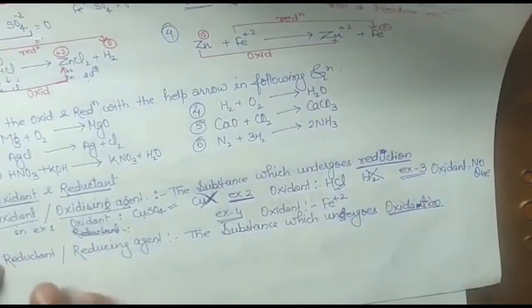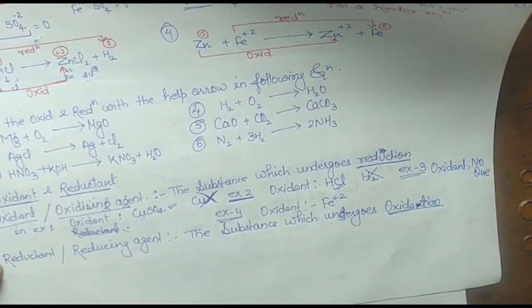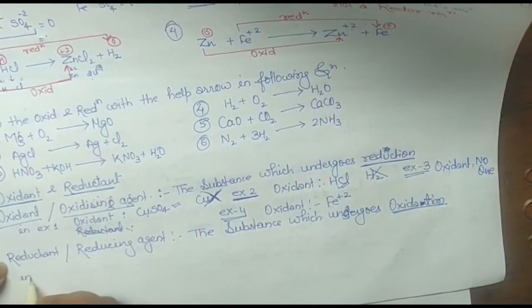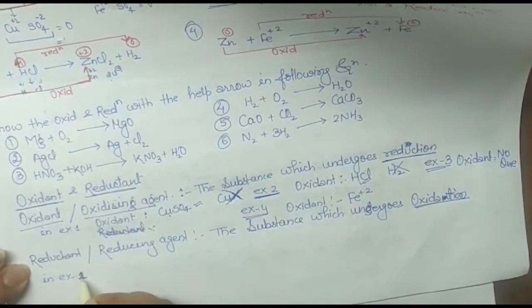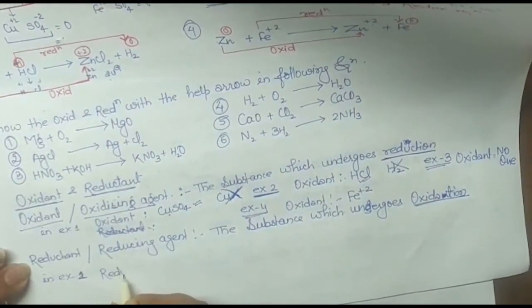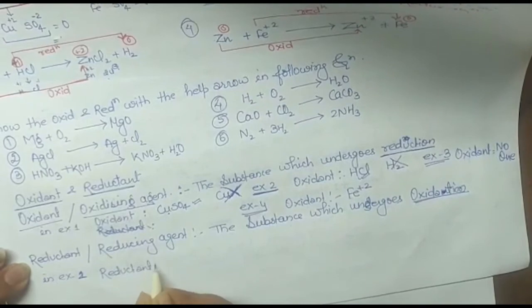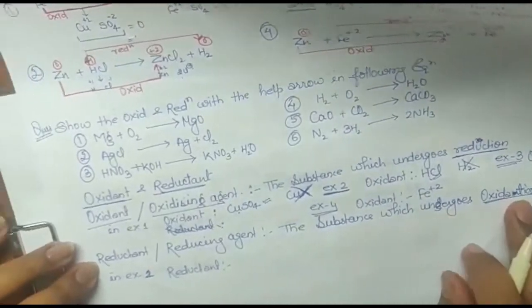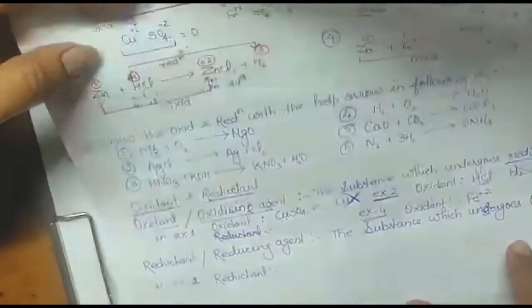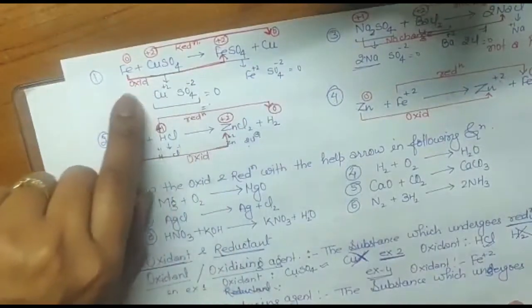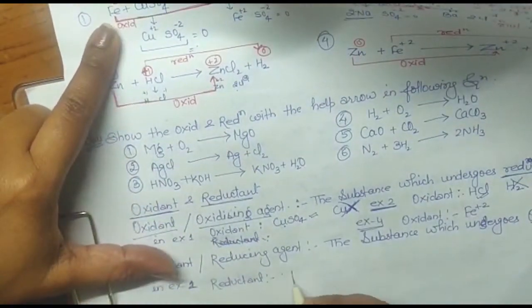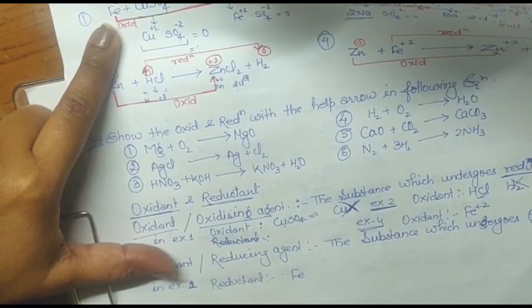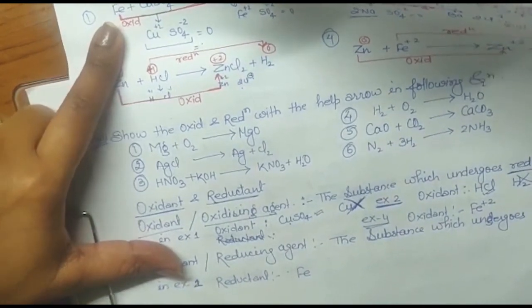Okay. Same next, reductant and reducing agent. In example 1 I am asking the reductant. Which one will be the reductant over here? The one which is undergoing oxidation. So in example 1, which is undergoing oxidation? Fe. So you will write Fe over here. Okay. One more thing I want to say here.